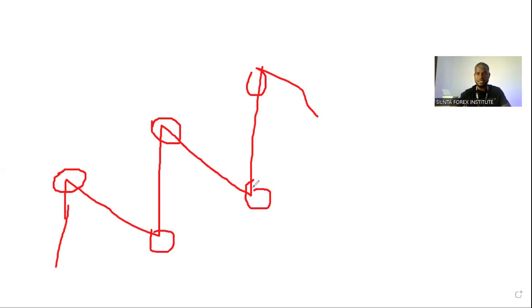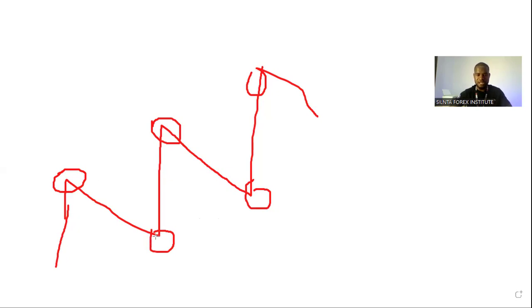In most cases, it is possible for this kind of behavior to move respecting a diagonal line, meaning you can take a line. There are drawing tools on your MT5, but you can simply take a line when you see this kind of behavior and connect two very visible points.